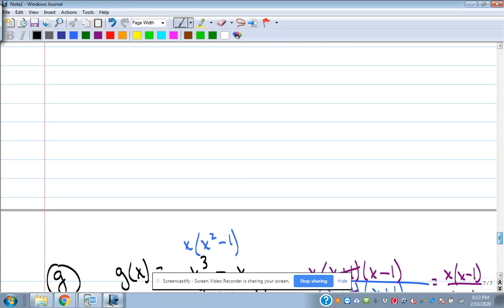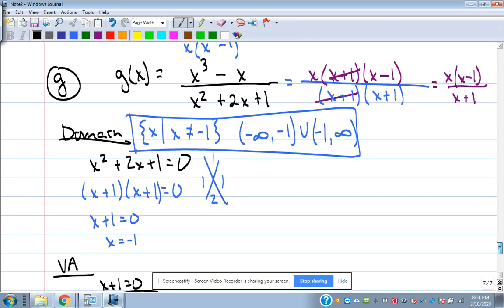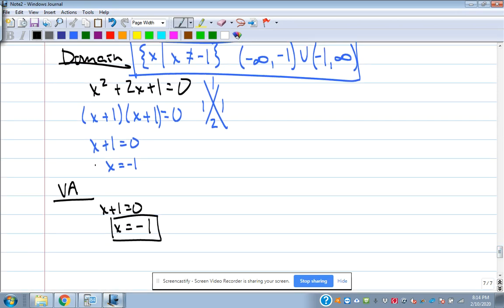Because we still had that dude left over in the denominator. So that's why we still got that as a vertical asymptote. Even though one of them canceled out, both of them didn't. All right. Now the fun part is the horizontal asymptotes or the oblique asymptotes. I'm just going to do that up there so we don't have to scroll so much.